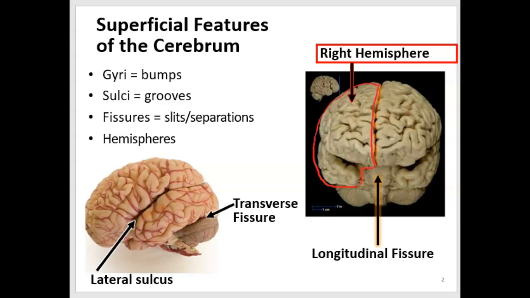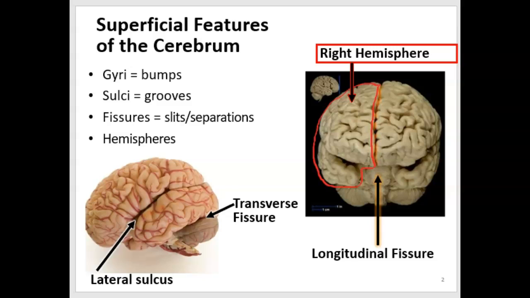A deeper slit that you can see in the brain is called a fissure. Now, usually this is true, but there's one exception, and that's the lateral sulcus, which is really quite deep. I don't know why it's not called a fissure. The lateral sulcus is labeled on the photograph of a brain on the lower left, and it separates the temporal lobe from the rest of the cerebrum.